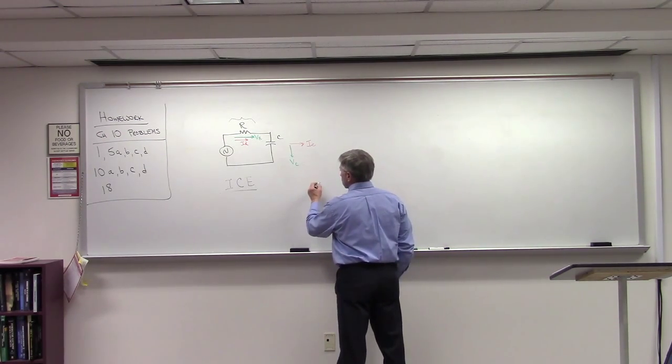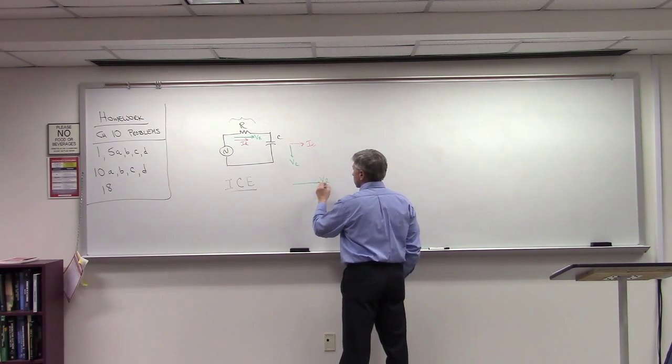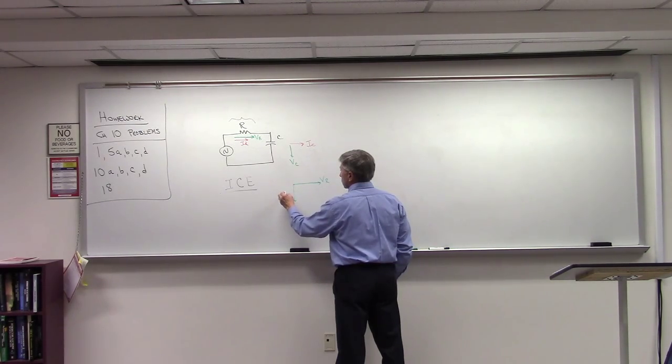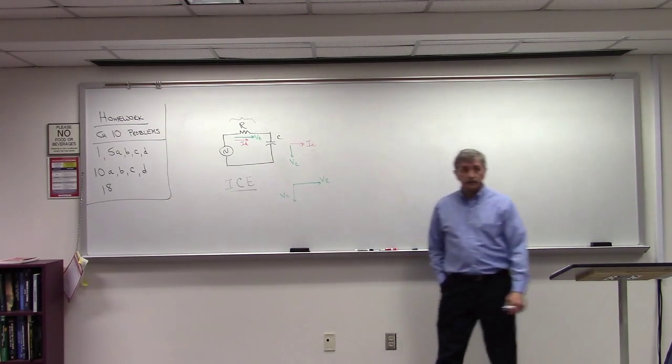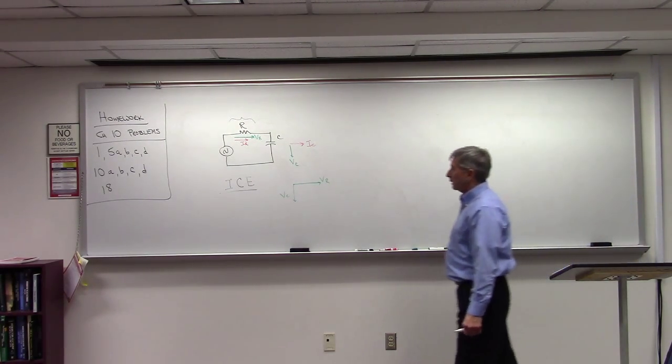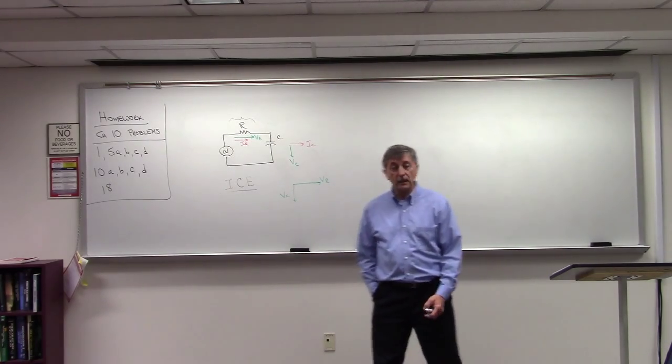But here's an interesting thing. If you draw the vector for the voltage across the resistor, it's 90 degrees out of phase with the voltage vector across the capacitor. I drew them about the same length, but they're not necessarily the same length.